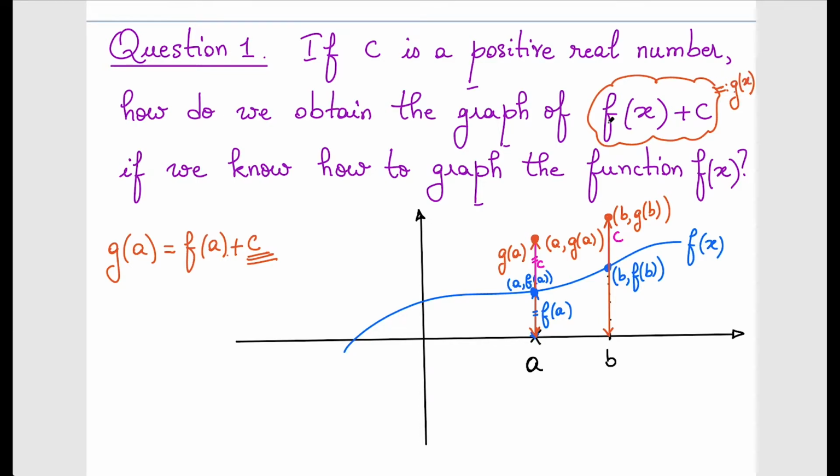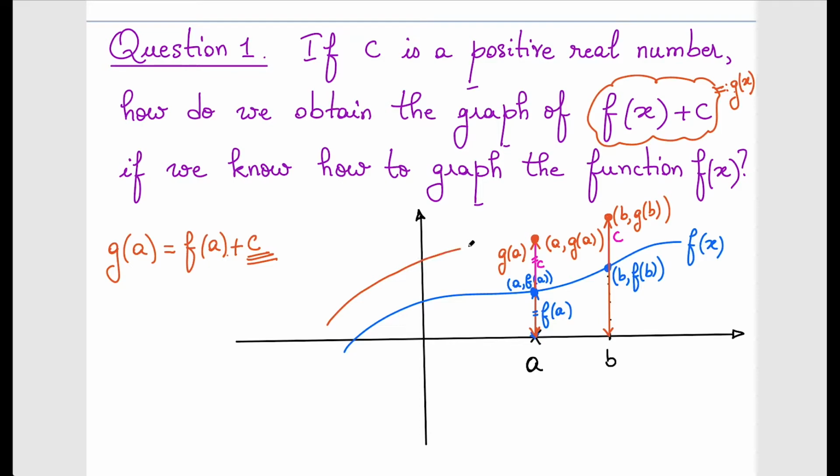G of anything is f of the thing plus c. So g outputs what f used to output, but we add to it that constant c, which is uniform to all inputs, right? So that's what's going to happen. Since it's going to happen point by point, the graph of g is going to be simply a shift of the graph of f upward just by c units.